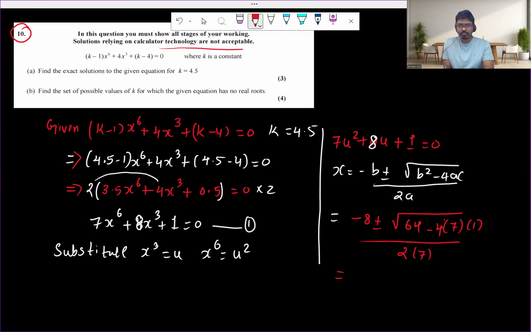Upon solving this entire equation, this is going to be 64 minus 28, which is 36, upon 14.